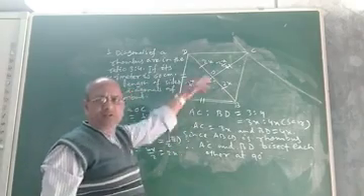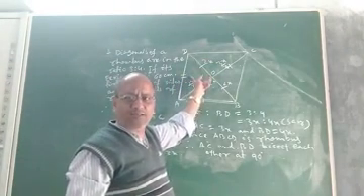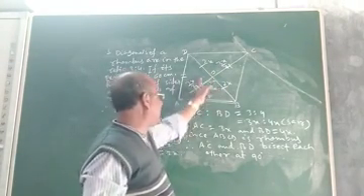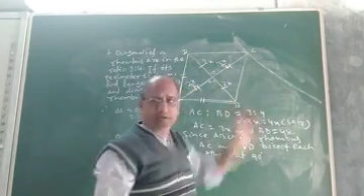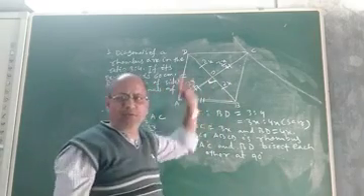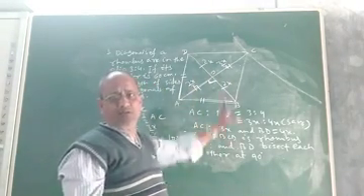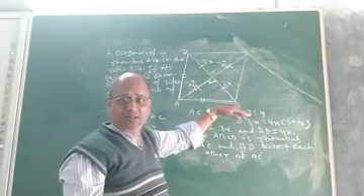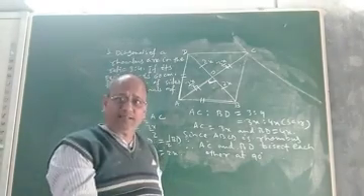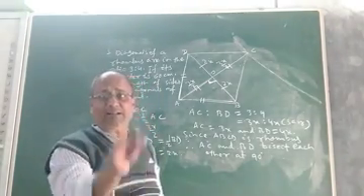Now as the two diagonals bisect each other, we got the lengths of the line segments OA, OB, OC and OD. Now what about this angle? This angle will be 90 degrees. Why? Because in a rhombus the two diagonals not only bisect but they also bisect at 90 degrees, or a right angle.